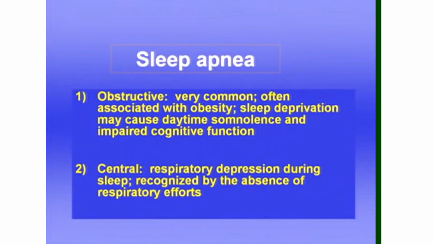Now I'm going to finish by talking briefly about abnormal ventilation. I'm not going to go into this in detail, but I do want to say a little bit about sleep apnea because it's a very important topic and it occurs in essentially normal people. You may say, well, you're talking pathophysiology. Well, we're not meant, of course, to go into periods of apnea when we sleep, but relatively normal people do.